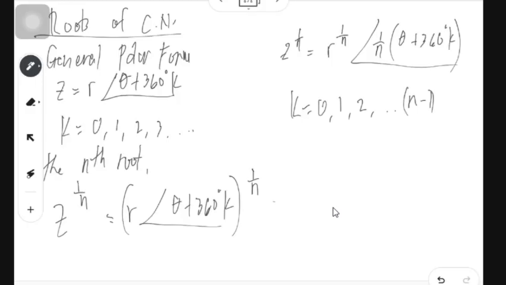Let's have an example. Earlier, we took the cube root of 8, and only one answer came out. That is 2. That is what the calculator gives. So, let's find the complete roots. This was given in the board exam.